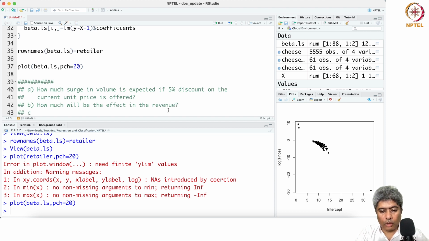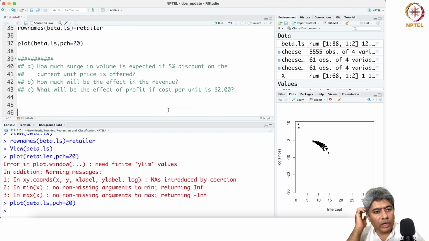And what will be the effect on profit if the cost per unit is $2?